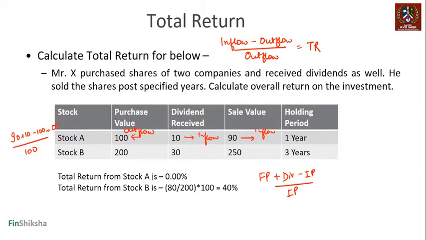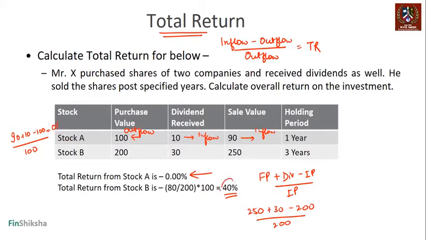That's going to give me 0% return. In the second case, final price was 250, dividend was 30, minus 200, divided by 200. So that's 80 by 200, which is a 40% return for us in the second case. But remember, this is the overall return. This is the total return that we have calculated. This is the absolute return that you have calculated.